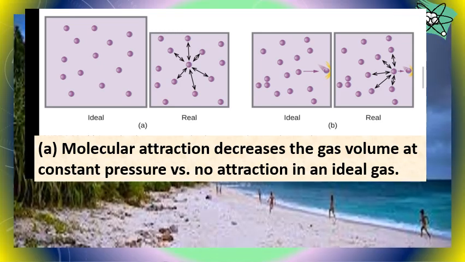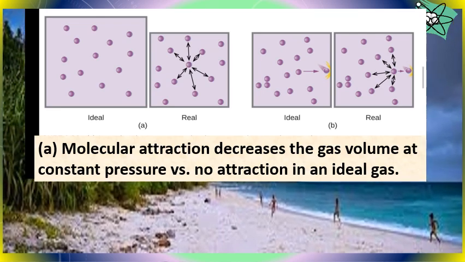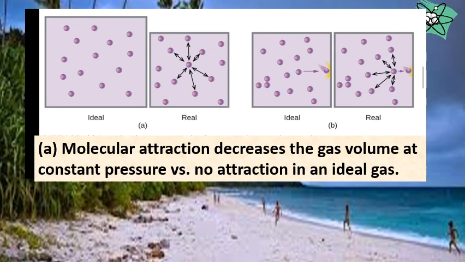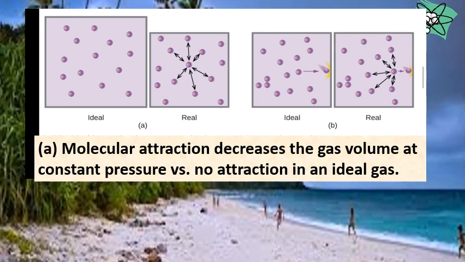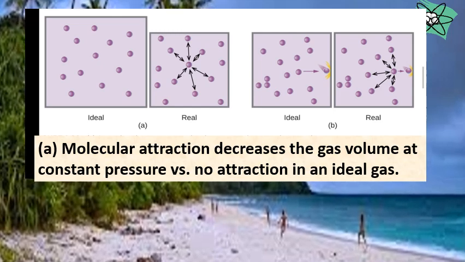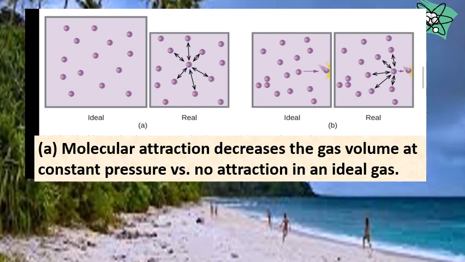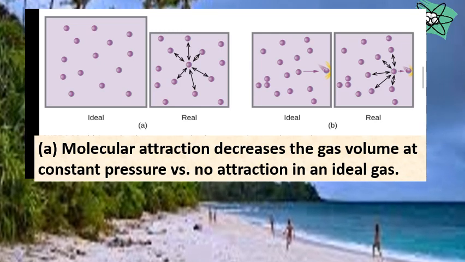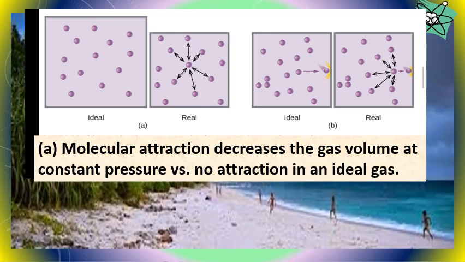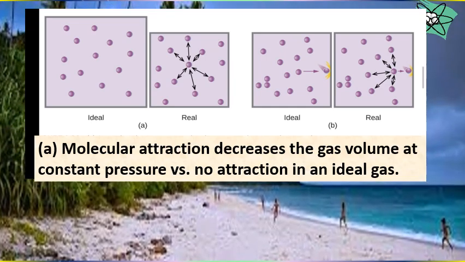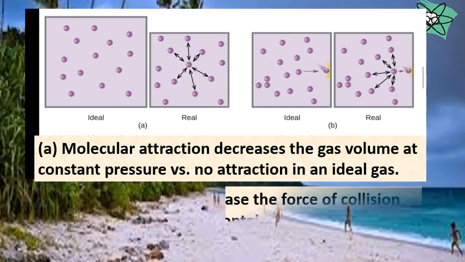This force pulls the molecules a little closer together, slightly decreasing the pressure if the volume is constant, or decreasing the volume at constant pressure. And this change is more pronounced at low temperatures because the molecules have lower kinetic energy relative to the attractive forces, and so they are less effective in overcoming these attractions after colliding with one another.